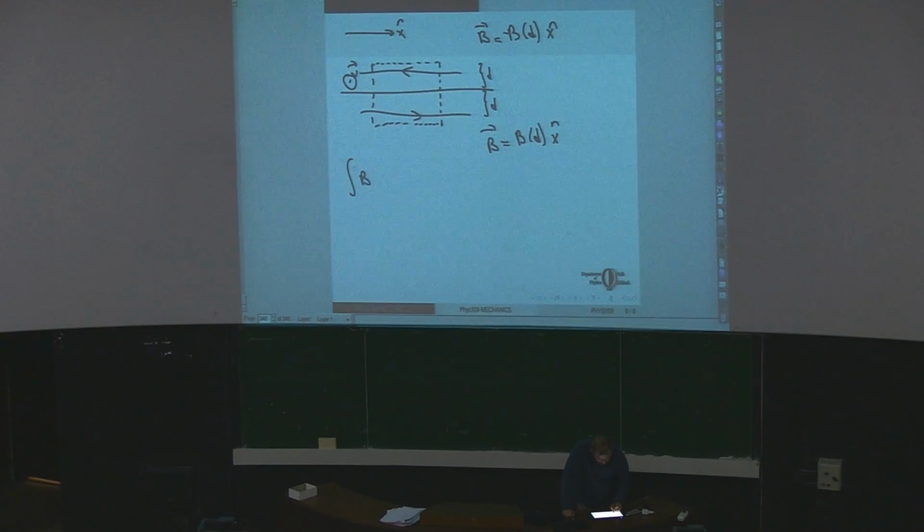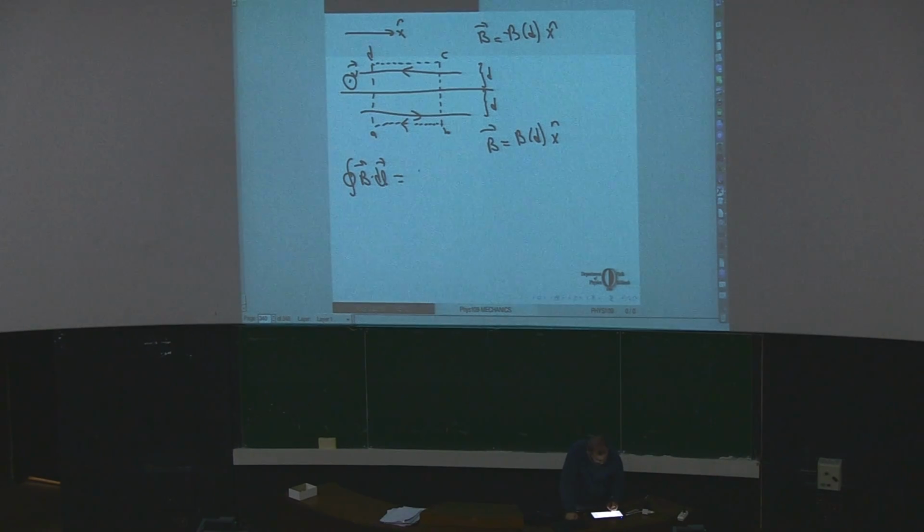So let's calculate B dot dl over this loop. This is equal to A, B, C, and D. Let's just assume such a shape, such a direction for my loop. Or let's say, let's choose this direction for my loop. I'm going around my loop.